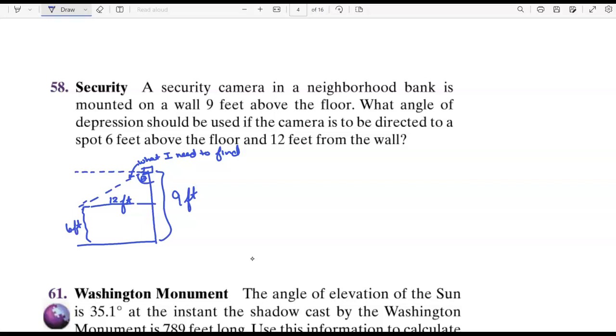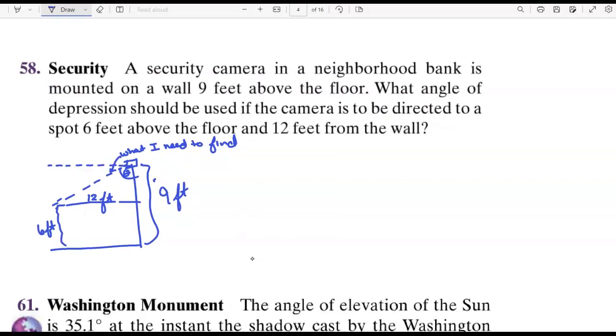Now, if this is 6 feet and this is 9 feet, then this guy is a total of 3 feet. So I need to figure out what this angle is. And if I know this angle, then I'll know this angle by default because I know they have to add to 90 degrees.